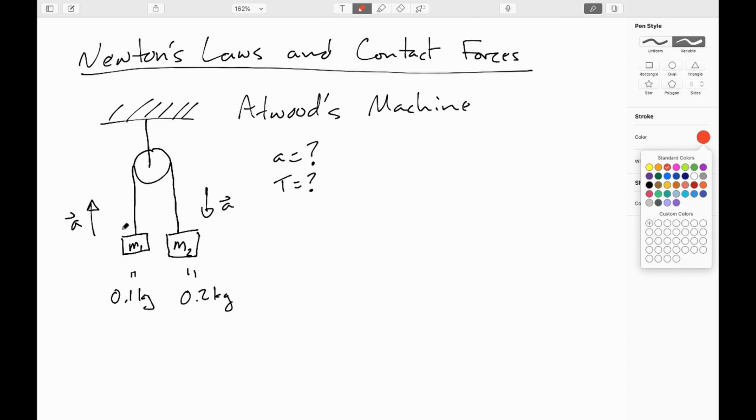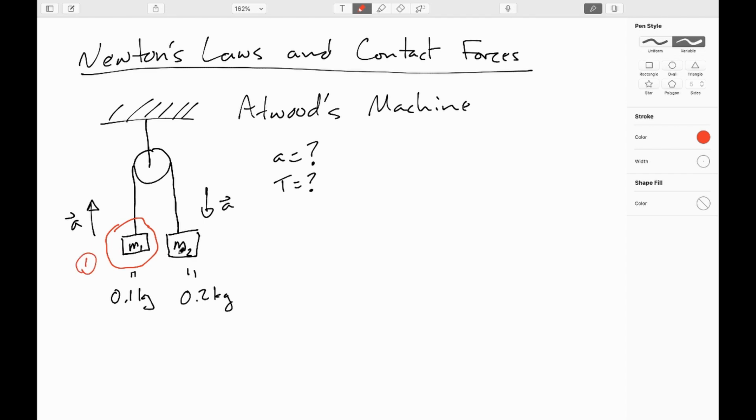But here's the deal. When I make a force identification diagram for this mass, the forces I have are gravity, we'll call that Fg1, and tension.